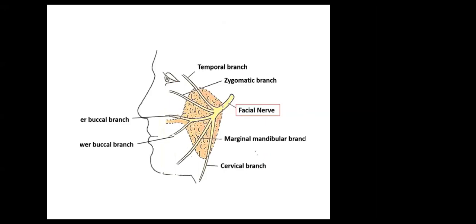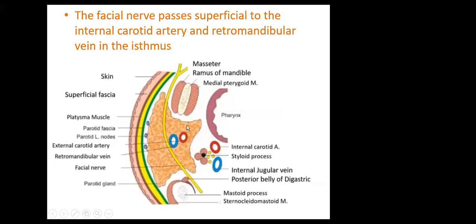This photo shows the facial nerve divisions inside the parotid gland: the temporal branch, zygomatic branch, buccal branch, marginal mandibular branch, and finally the cervical branch. The facial nerve lies superficial to the internal carotid artery and retromandibular vein in the isthmus.